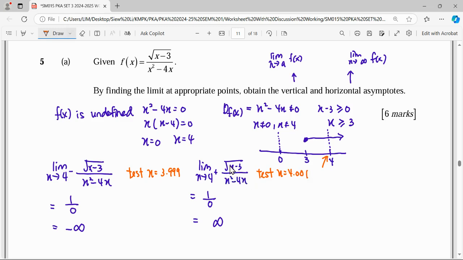You can see a big answer. So the big answer is positive or negative? Positive. So we can see when x approaches 4 from the left and from the right, our graph goes to infinity, right? Means that x equals 4 is a vertical asymptote.